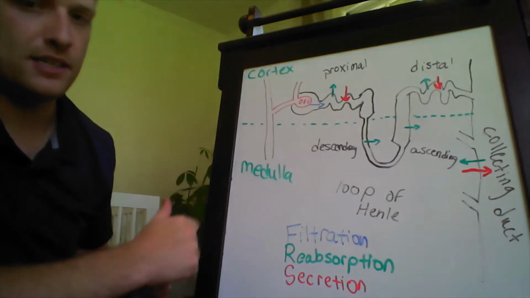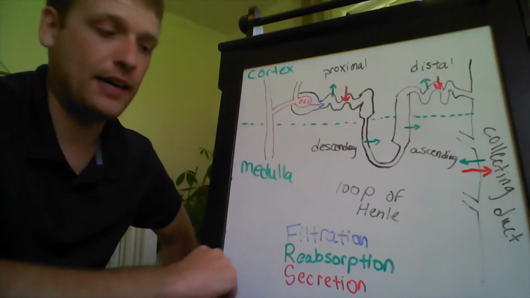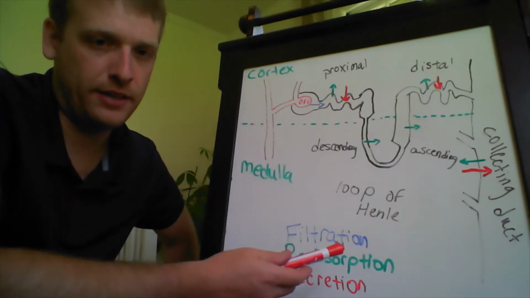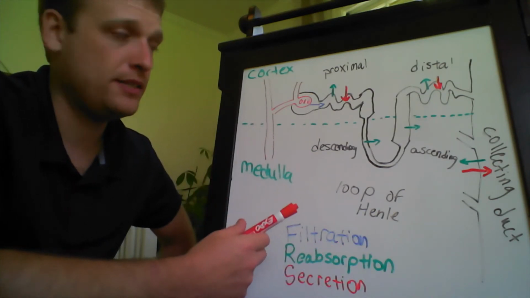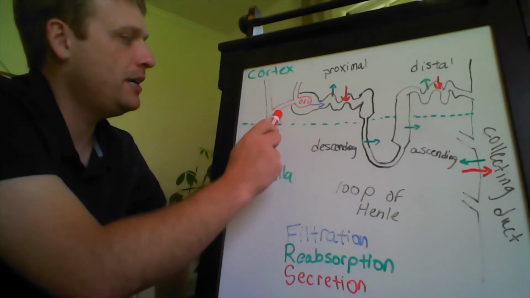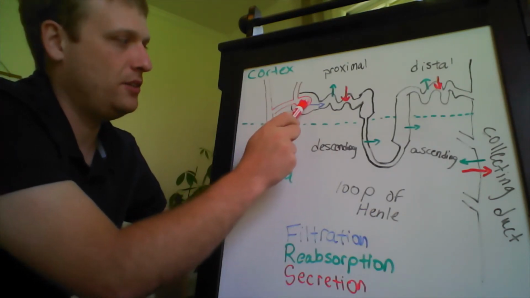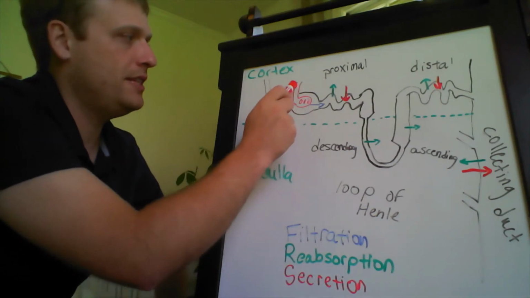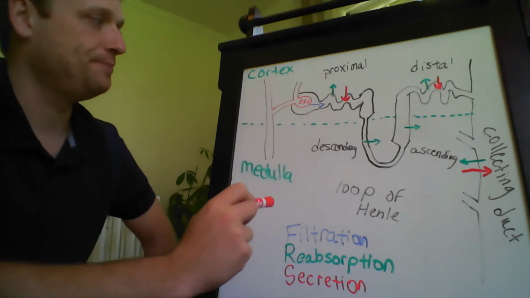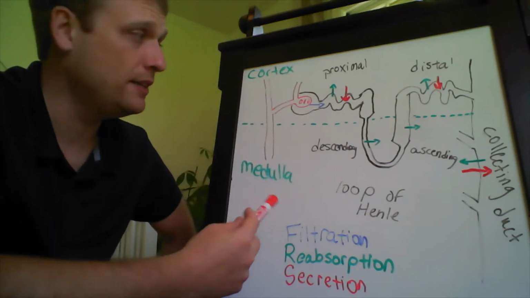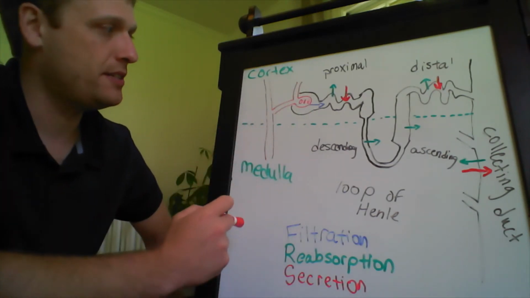And how this is possible, one structure that I haven't drawn here are the peritubular capillaries that I mentioned previously. So here's the afferent arteriole that feeds blood into the glomerulus. Here's the efferent arteriole that carries the remaining blood away from the glomerulus.